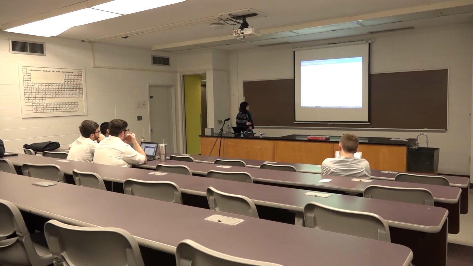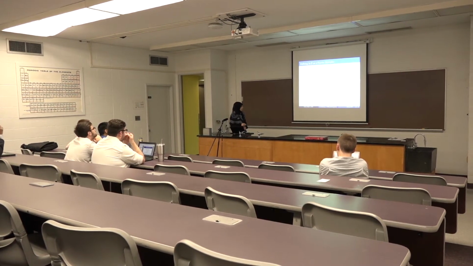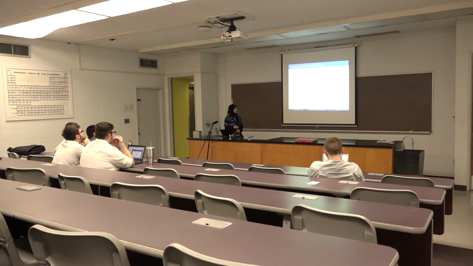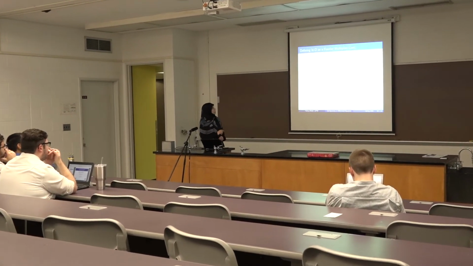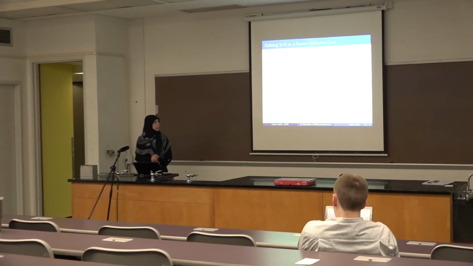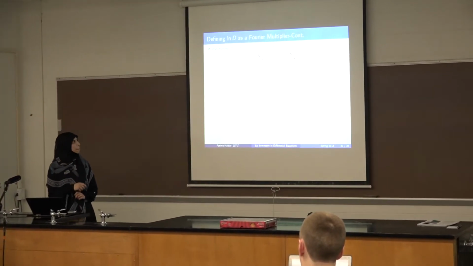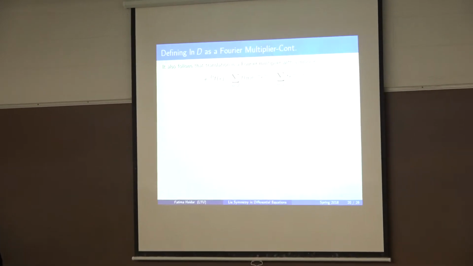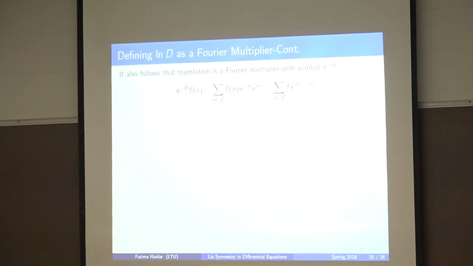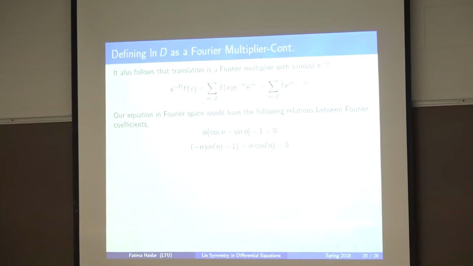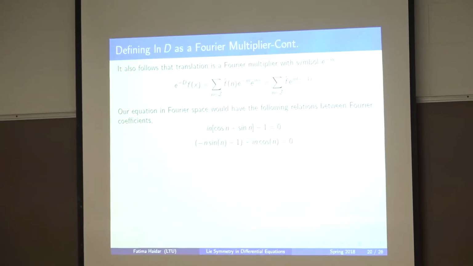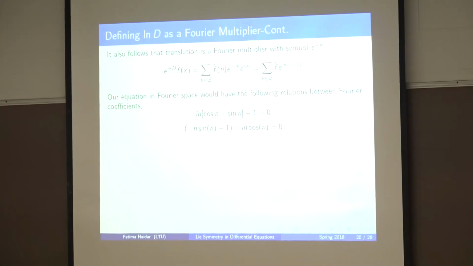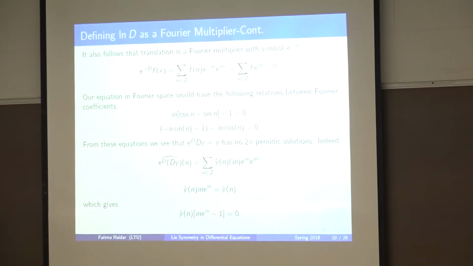So this is the Fourier multiplier, and we can see that D to the k will have i n to the k term, and it also follows that translation is a Fourier multiplier with symbol e to the i n. e to the minus D will give us this series. So this equation in Fourier series would have this solution, which has no 2 pi periodic functions.